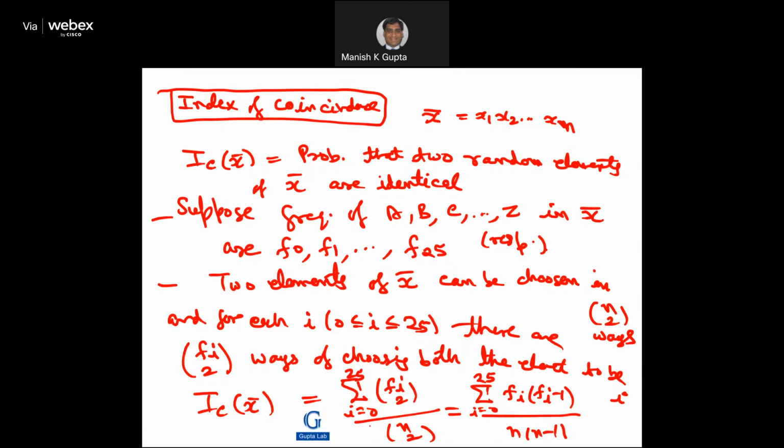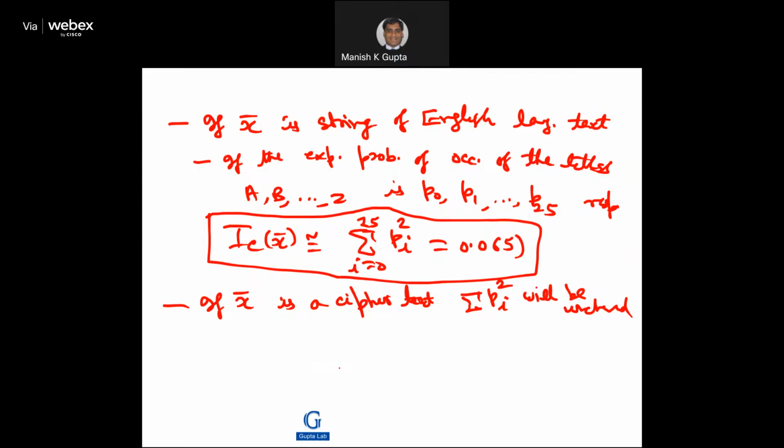Okay, so let us look at this. If x is a string of English language text, and the expected probabilities of occurrence of the letters A to Z are p0, p1, ..., p25 respectively, the index of coincidence is the summation of pi squared, and this remains fixed, turning out to be 0.065. This is a very magical number which you need to remember for the English alphabet.